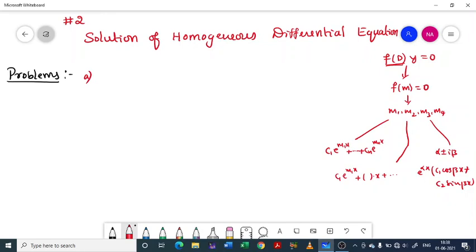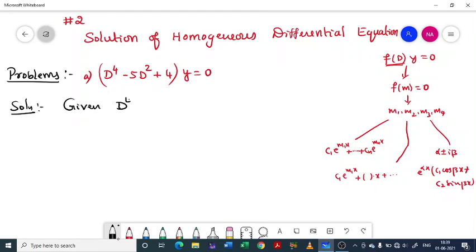Problem A. D power 4 minus 5D square plus 4 times y equal to 0. Solution. Given D power 4 minus 5D square plus 4 times y equal to 0.